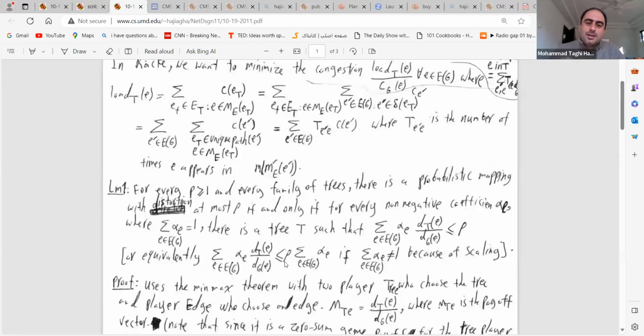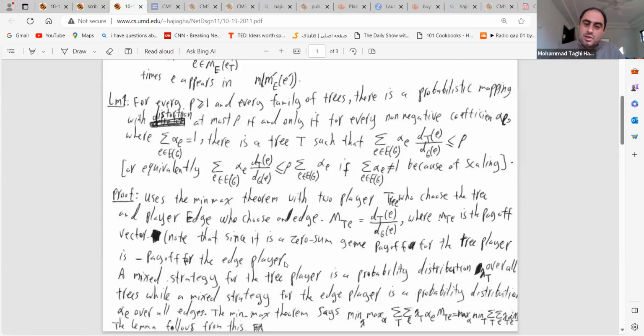So what are the type of things that, for example, Feige showed? You can read the proofs in the lecture notes as well, but you can see the original paper of Feige too, which might be more revised.